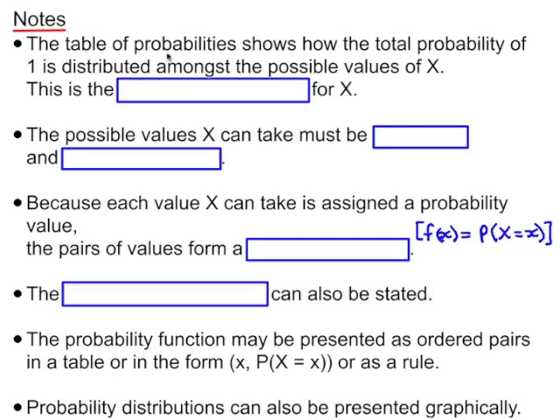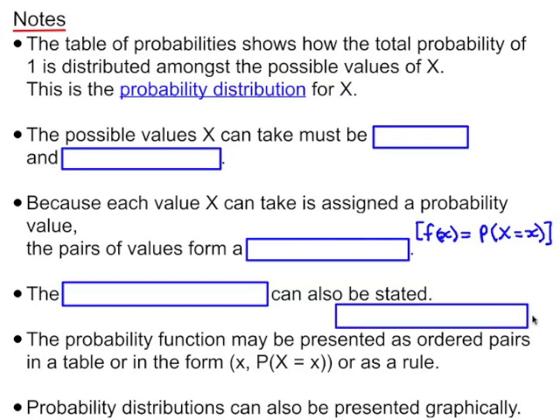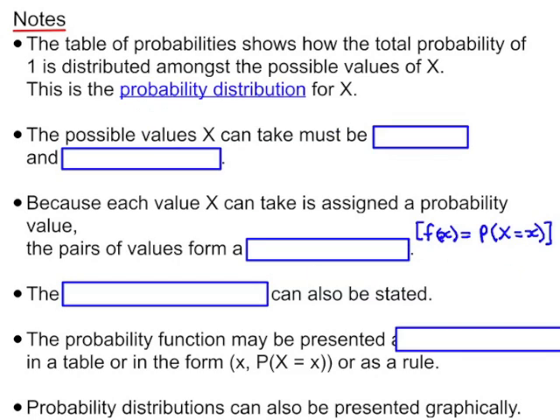When we give a table of probabilities, we're showing that the total probability is 1, and we're showing how that 1 is distributed amongst the possible values of x. So in the previous example, we had probabilities of 1/8, 3/8, 3/8 and 1/8, totaling 1. This is called the probability distribution for x.